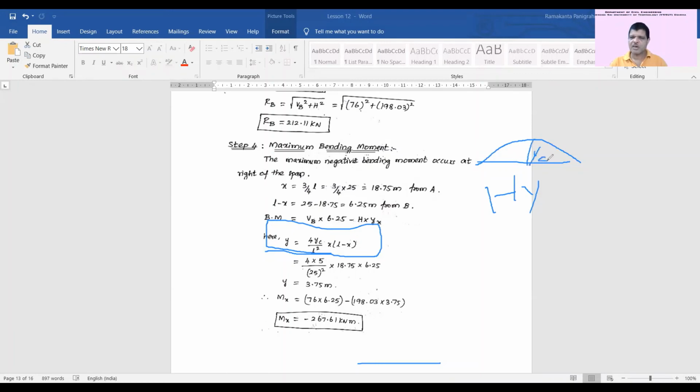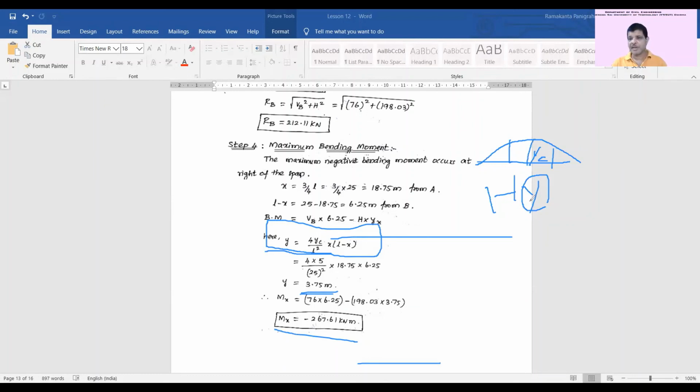Anywhere other than the crown you will take this as y, and it depends on the equation 4h by l square into x into l minus x. Depending on this equation, we can put the value to calculate. So by putting this, y comes out 3.75 meter, and you can calculate Mx comes minus 267.61, because for the negative moment you put minus.